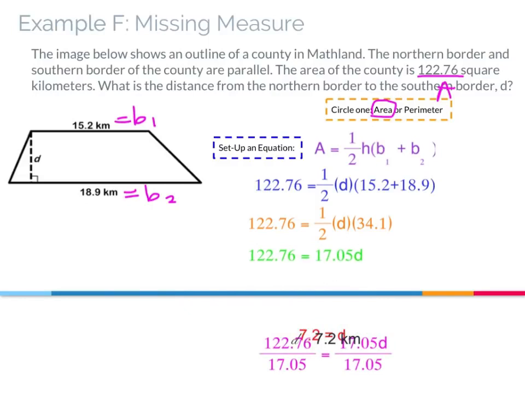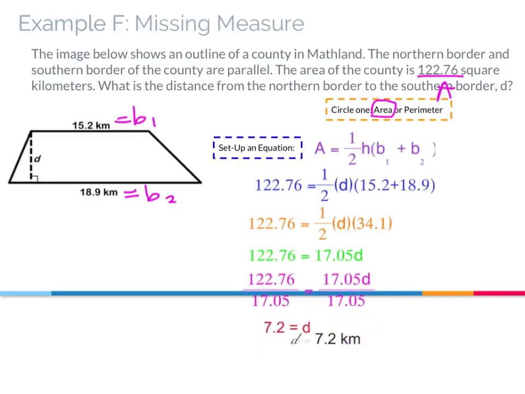So far I have 122.76 is equal to 17.05 times d. And then I have to divide both sides by 17.05. And when I do that, I get the final answer of 7.2 is equal to d. That means my missing distance from northern border to the southern border is equal to 7.2 kilometers.